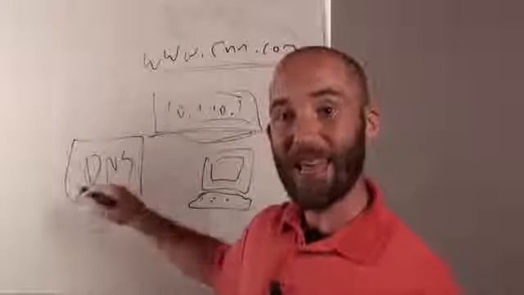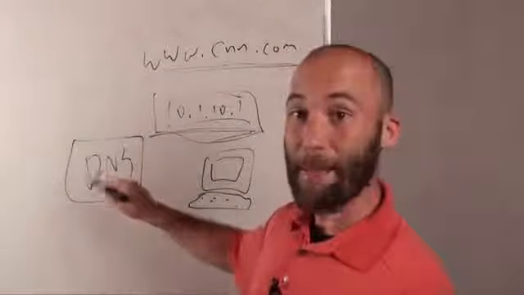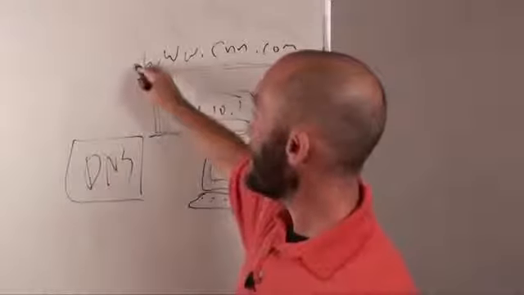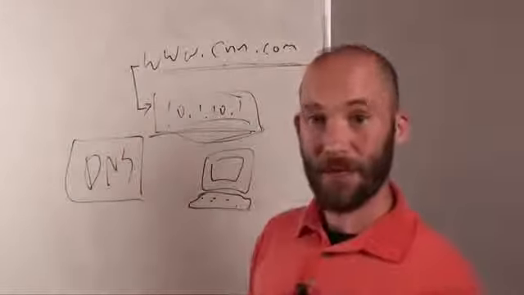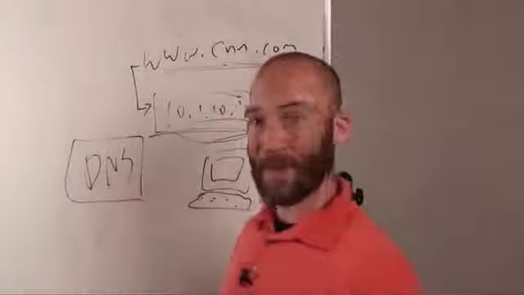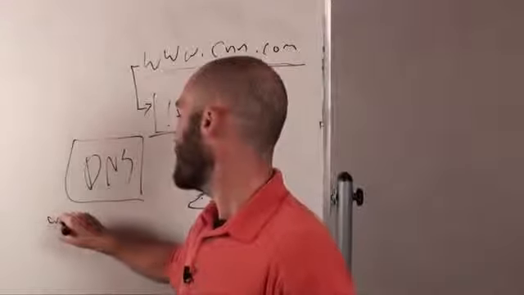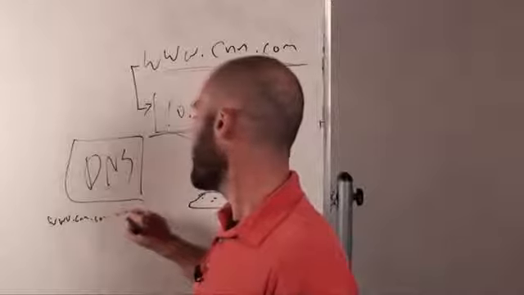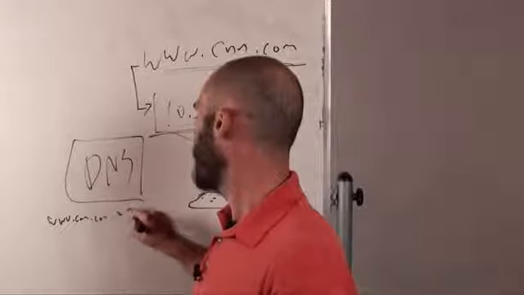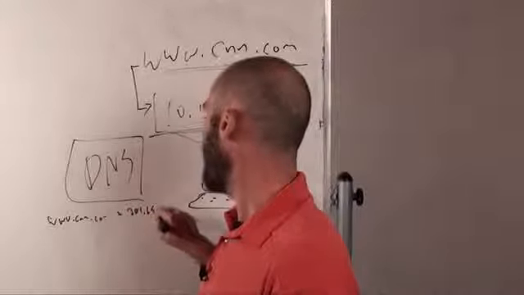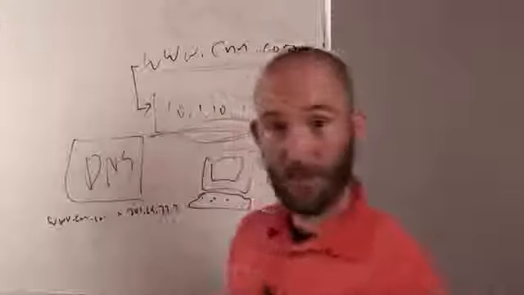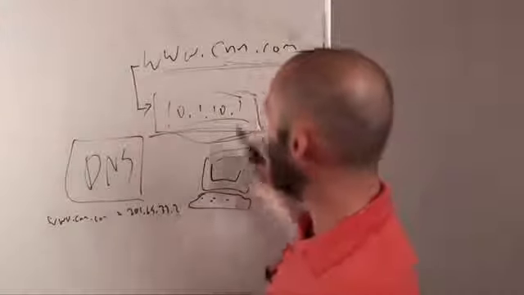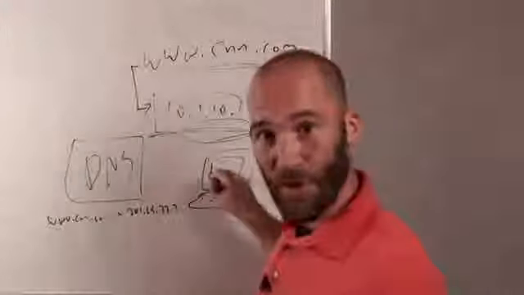What domain name servers do is they map domain names to IP addresses. So within this domain name server, it will say www.cnn.com equals, I don't know, 201.65.33.2.